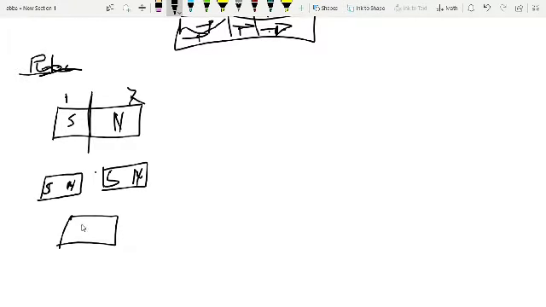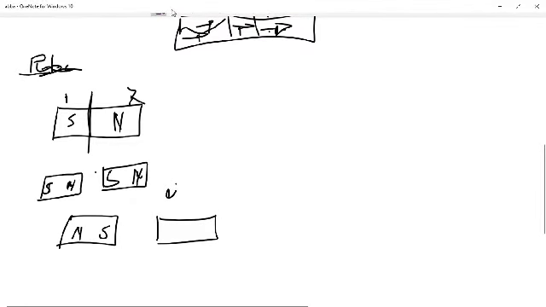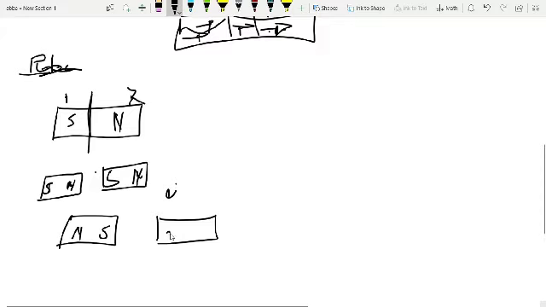If you have a magnet, and this is the north pole, let me write an N so that we can see that it's N, right? Yes, this is the north pole, this is the south pole. Then we have another magnet, this is the north pole and this is the south pole. Sorry, I made a mistake. Let's say it's the south pole, and this is the north pole.